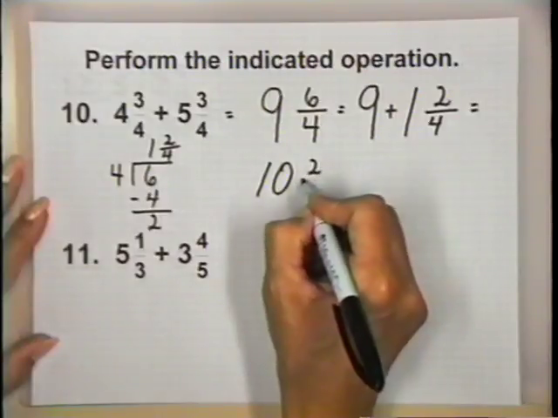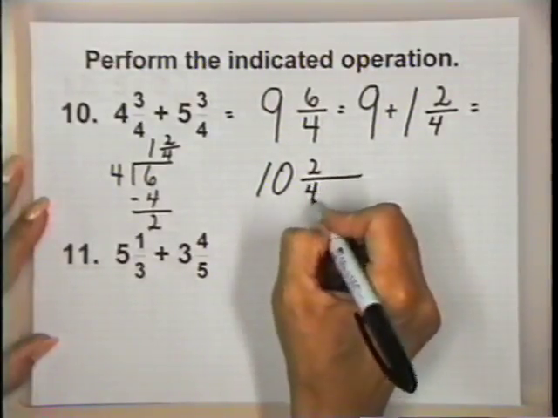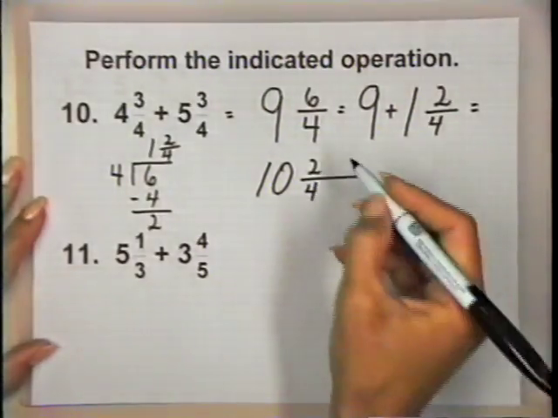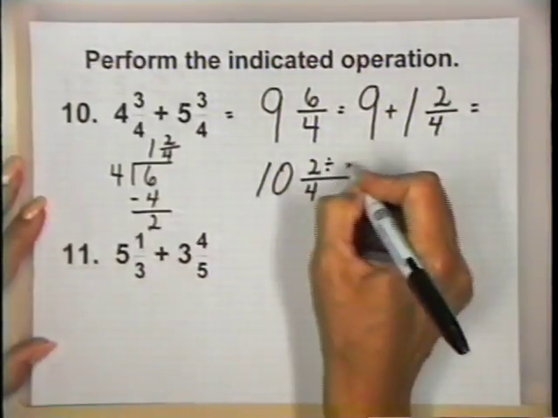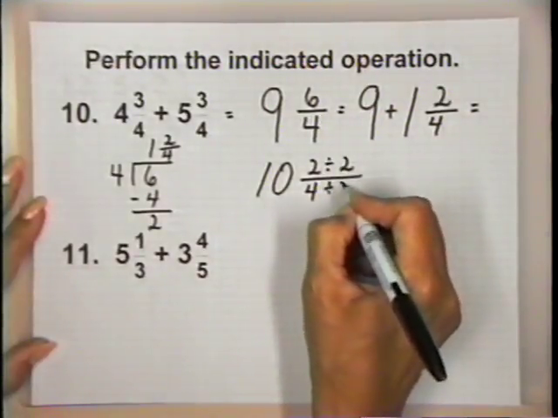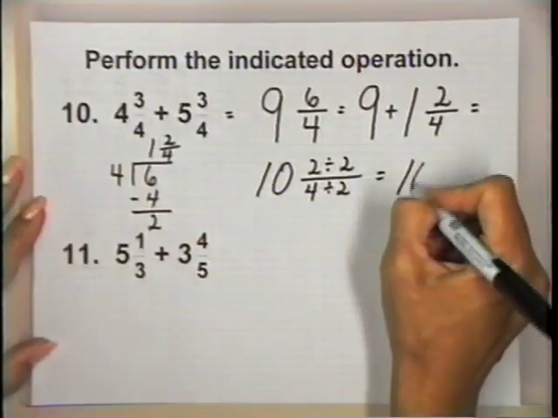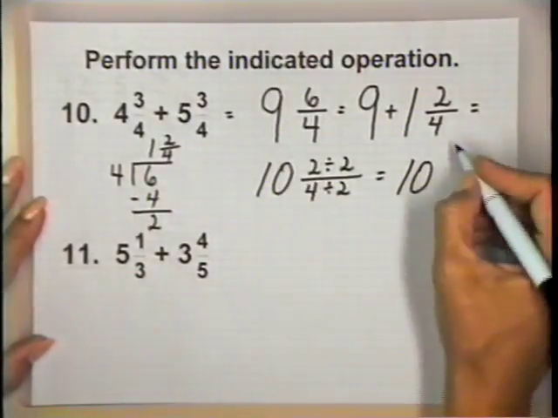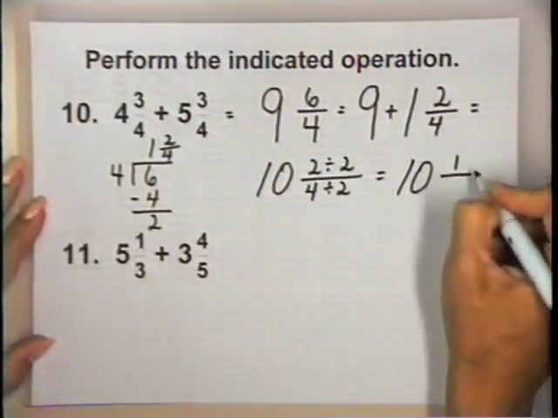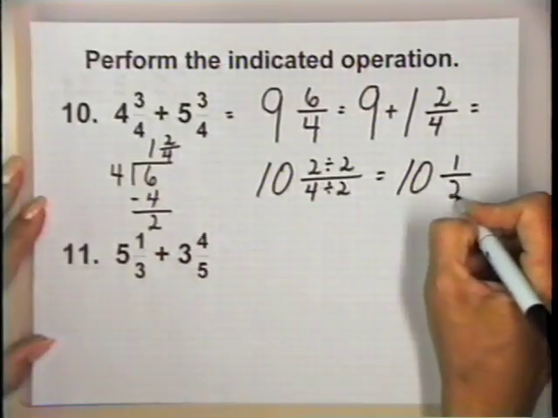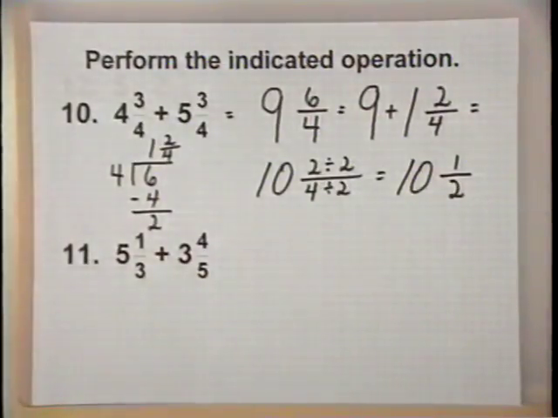And let's write our fraction, 2/4. 2/4 can be reduced. Let's divide by 2. So we have 10, and 2 divided by 2 is 1. 4 divided by 2 is 2. So our answer here is 10 1/2.